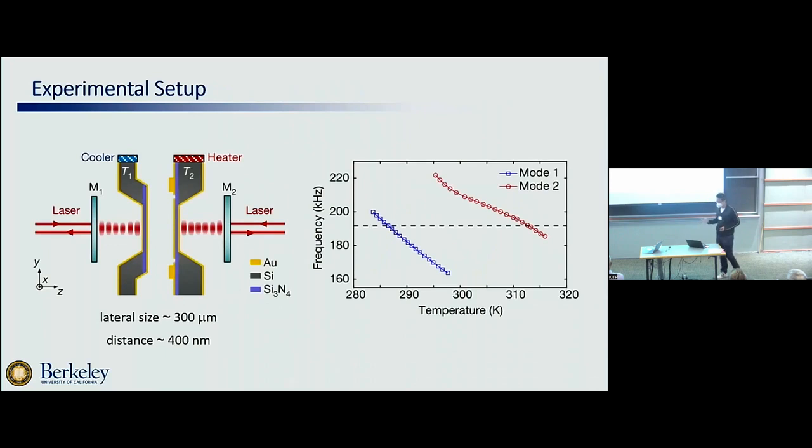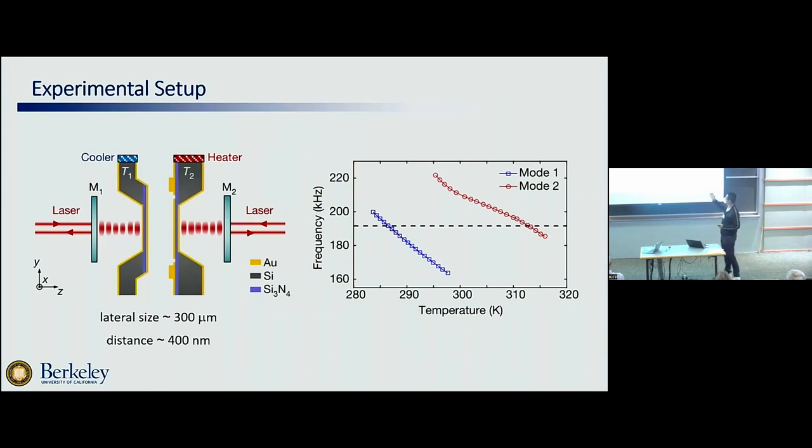So this is the experimental setup where we have two silicon nitride membranes, and they are suspended on top of a silicon wafer. And we coat both sides with gold, so as to enhance the Casimir interaction.